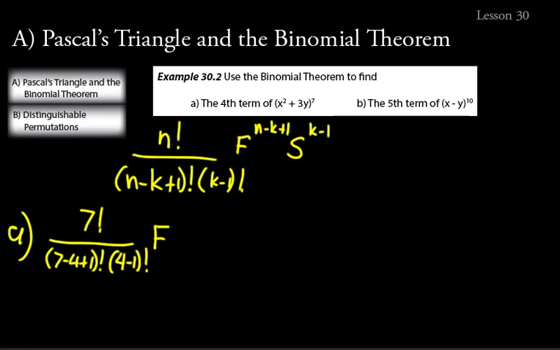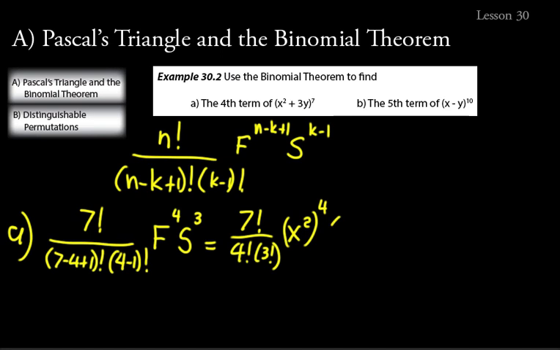But that's going to be to the exponent of 7 minus 4 plus 1. 7 minus 4 is 3, plus 1 is a 4. And then s to the 4 minus 1, s cubed. So then let's just keep simplifying here. We'll end up with 7 factorial over 4 factorial times 3 factorial. And then our f term is x squared, so that would be (x squared) to the fourth power, and then our s term is 3y, so (3y) cubed.